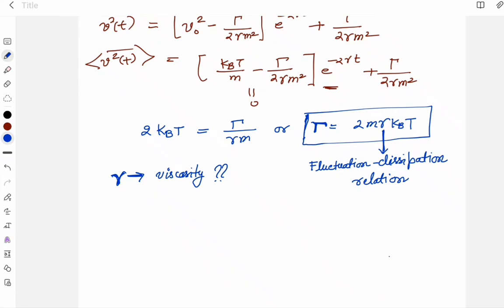But remember that the whole system is in thermal equilibrium. The Brownian particle is in thermal equilibrium with the bath, and the bath is already equilibrated. It is making all kinds of random motion, hitting the walls, and the overall system is at thermal equilibrium. But it doesn't mean that there should not be any time dependence.